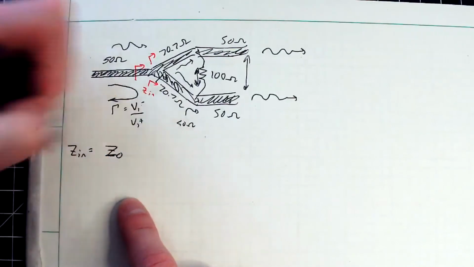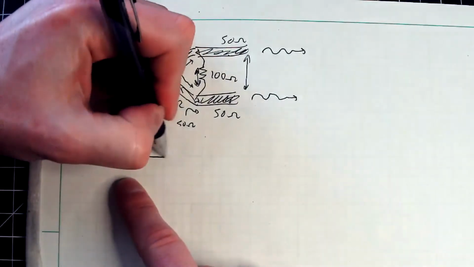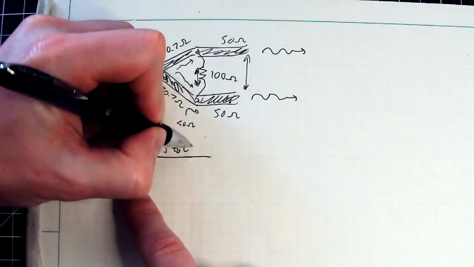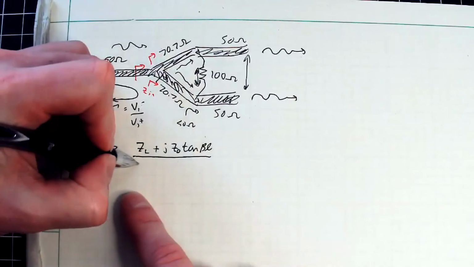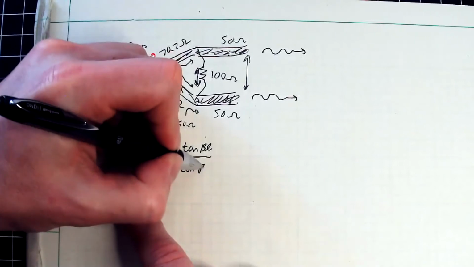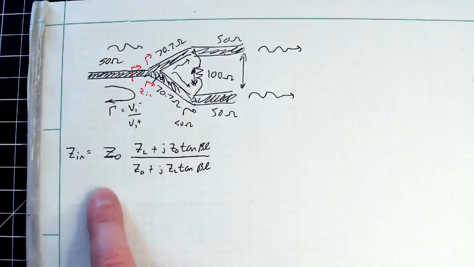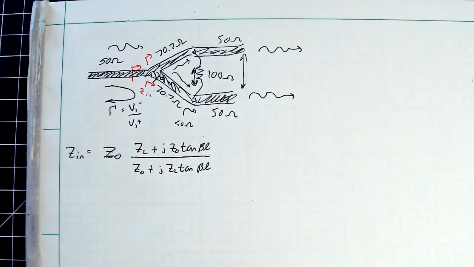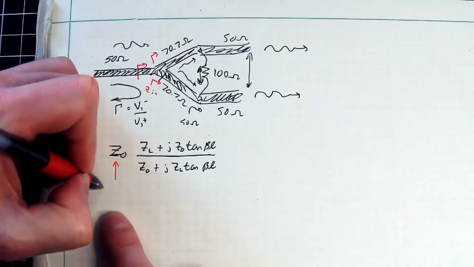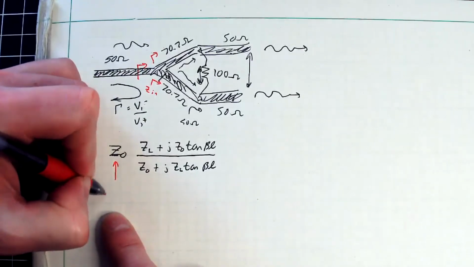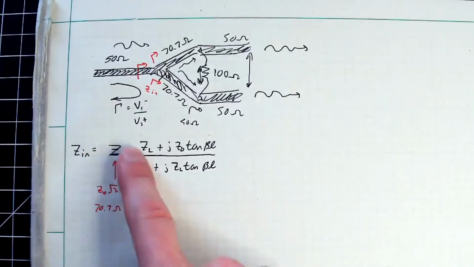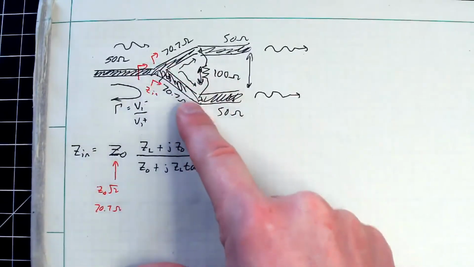So Z in, we just do the transmission line impedance equation: Z naught times (ZL plus j Z naught tangent of beta L) over (Z naught plus j ZL tangent of beta L). In this situation, that Z naught is actually going to be Z naught times square root of 2, or 70.7 ohms, because that's the characteristic impedance looking down this little length of line.